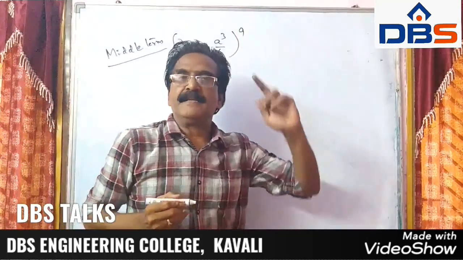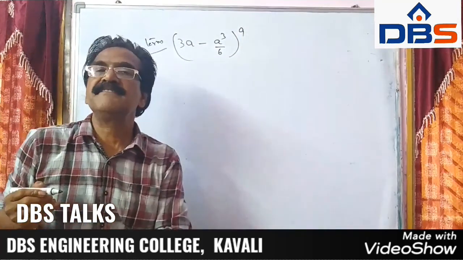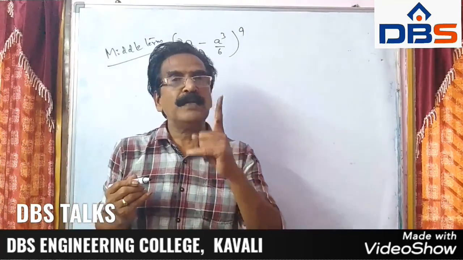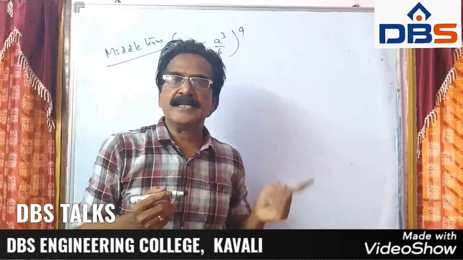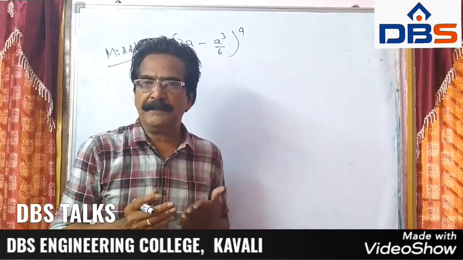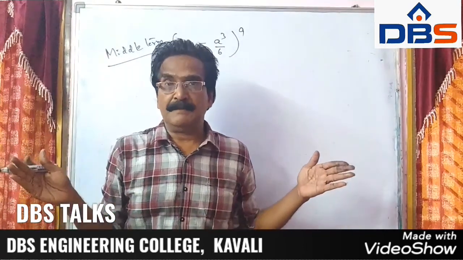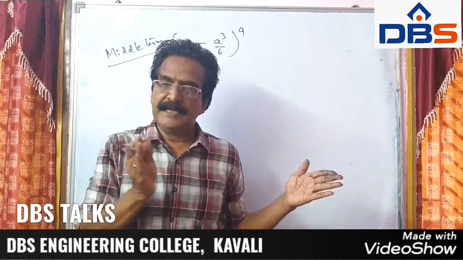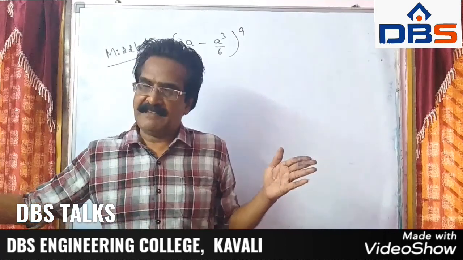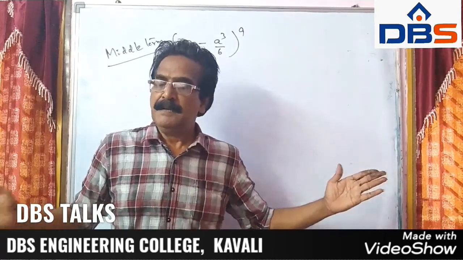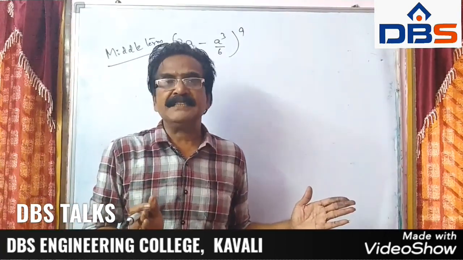When n is even, there will be only one middle term, because in the previous example n is 14, which means there will be 15 terms. So in 15 terms, the 8th term will be the middle term. This side 7 terms, this side 7 terms, in between, the 8th term will be there.